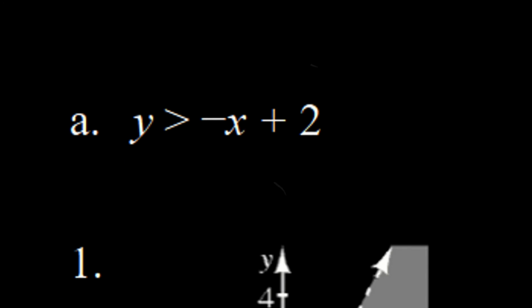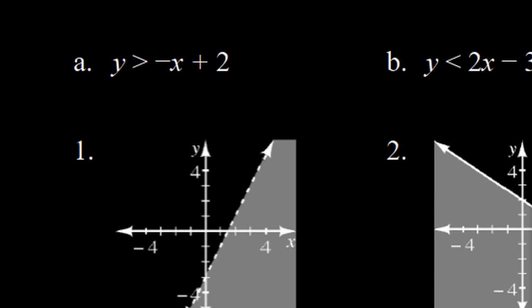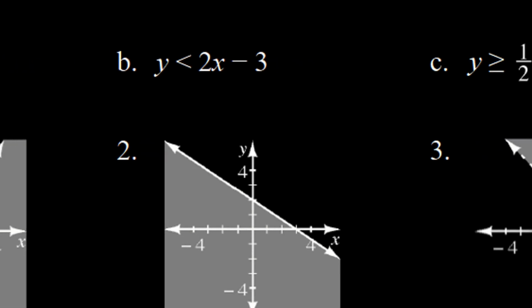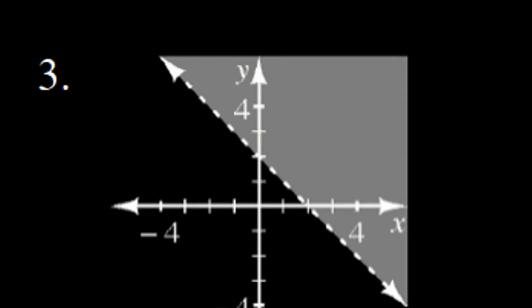And also it says that the y values are greater than the boundary. So if I was to look at this one, it isn't going to work because this is a solid boundary. I need a dashed one. This one does have a y-intercept at 2, and it has a slope of, what is this slope? Down 1 over 1. So it has a slope of -1.